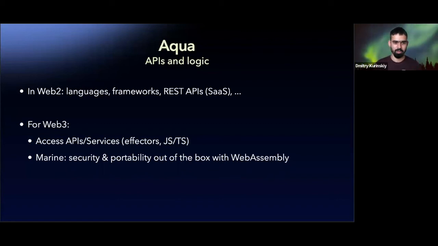So the portability is here. Well, it kind of solves the problem. So you can bring existing code using effectors, or you can bridge the code, or you can develop the code with any language that compiles to WebAssembly, which is much harder but possible and doable.